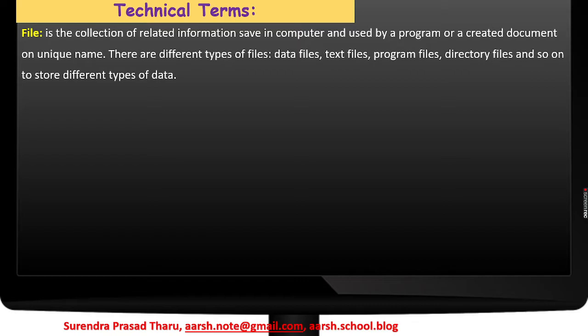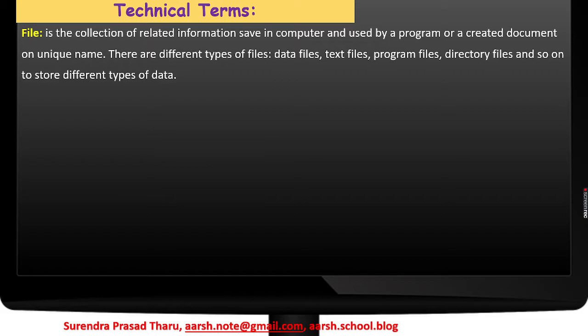If you use such an application program to design or do some work and save it with a unique name, that will be a file name, or file. We can find different types of files according to their data type or information, or according to their application program.